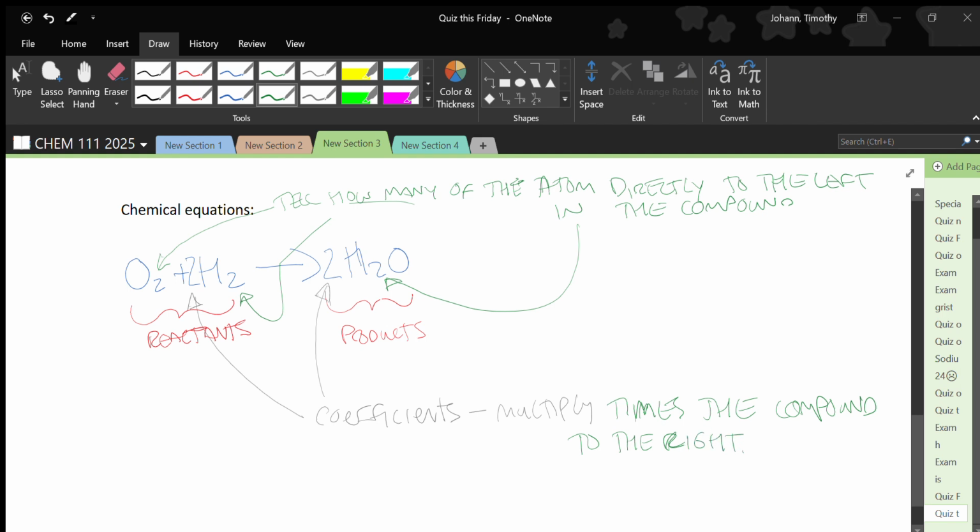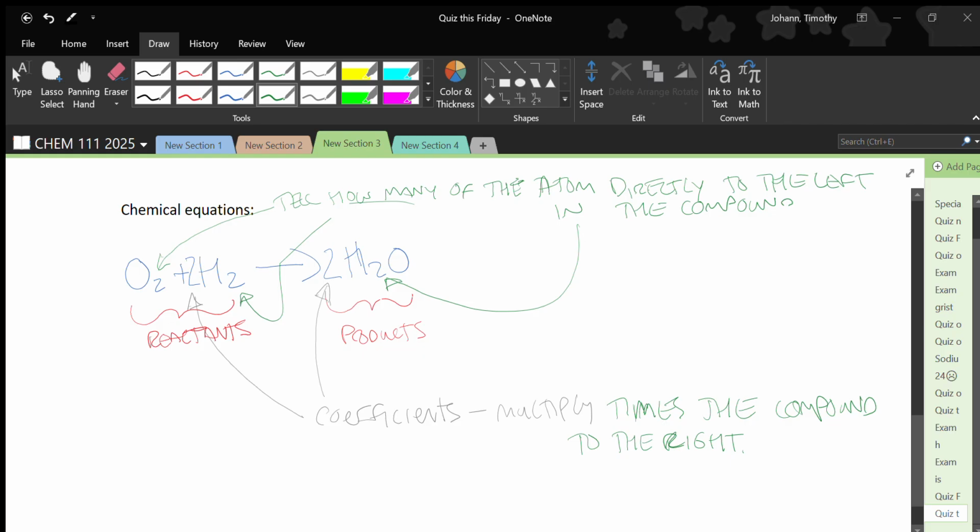All right. So in other words, there are 2 hydrogen molecules, okay? Each hydrogen molecule has 2 hydrogens in it, so I have 2 times 2 or 4 hydrogens.